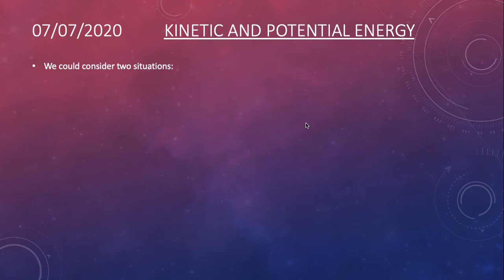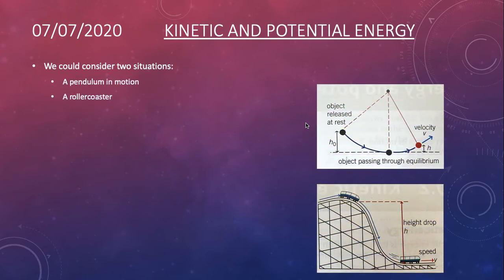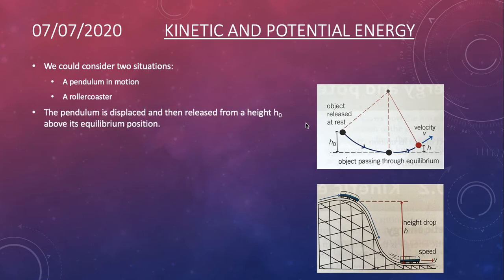So our two applications. We're going to look at a pendulum in motion, and we're going to look at a roller coaster. For the pendulum, it's displaced from its equilibrium position. The equilibrium position, if you just let that pendulum hang, the point right below where it hangs is the equilibrium position. So that's marked on the diagram. It's raised to a height h0 and then released from rest.